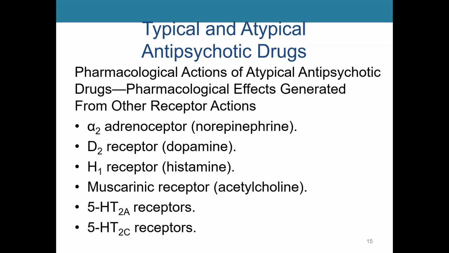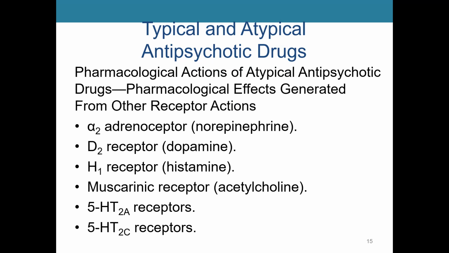Here we see the pharmacological actions of atypical antipsychotic drugs generated from other receptor actions. With the alpha adrenoceptor, or norepinephrine, the antipsychotic receptor action is an antagonism, and the effects may contribute to the atypical antipsychotic effects when combined with the D2 receptor antagonism.